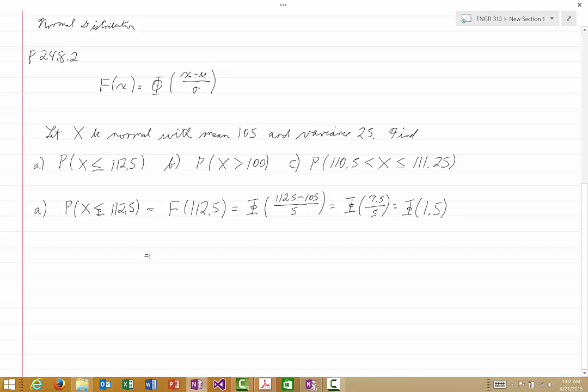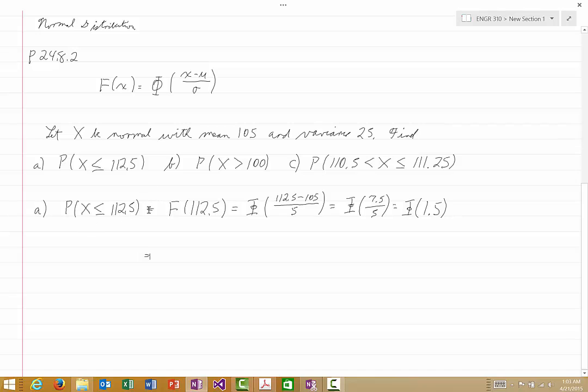The probability that x is less than or equal to 112.5, we recognize that that is exactly equal to capital F of 112.5, because that's the way that capital F is defined. It is capital F of little x is the probability that the random variable is less than or equal to little x.